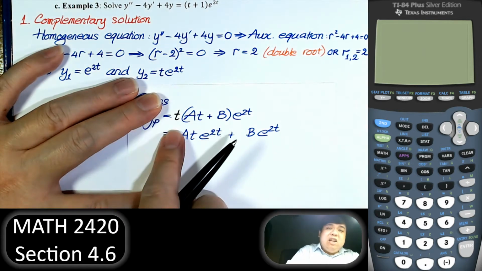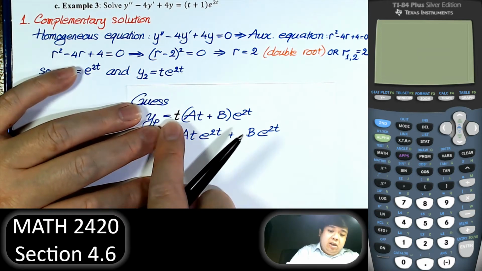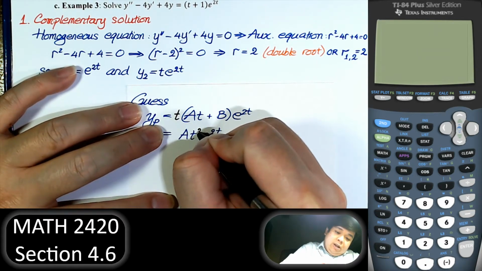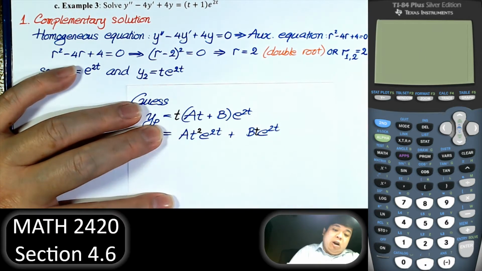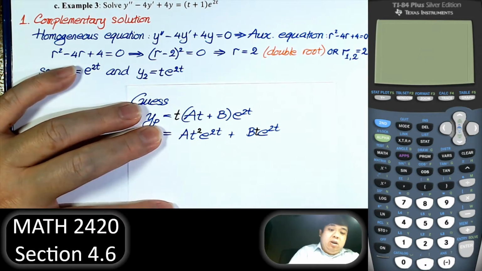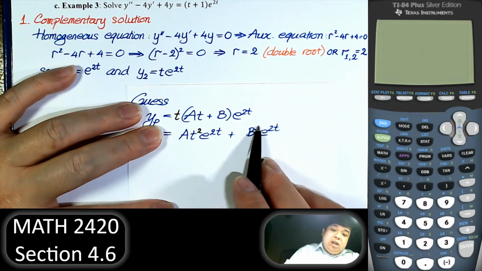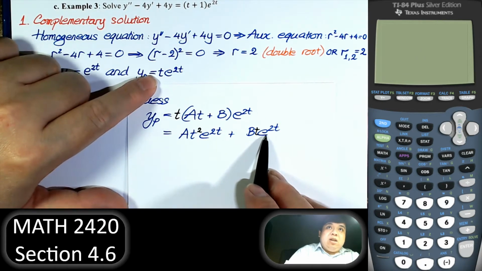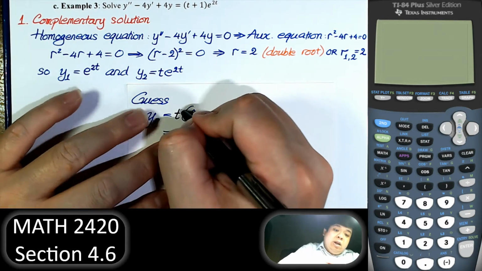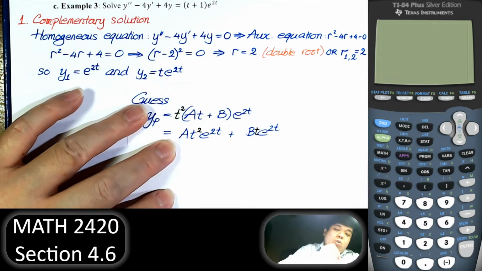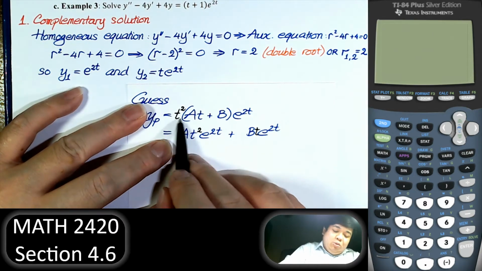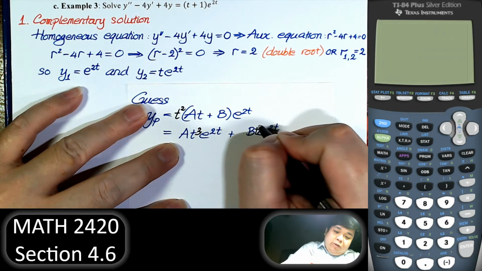Now, even if you multiply by t, we still have t squared here, and there's a t, right? That's still not enough, because we still have t e to the 2t here. That is the same as that. So to make it linearly independent, we have to increase the power one more, so t squared, and t cubed over t squared.